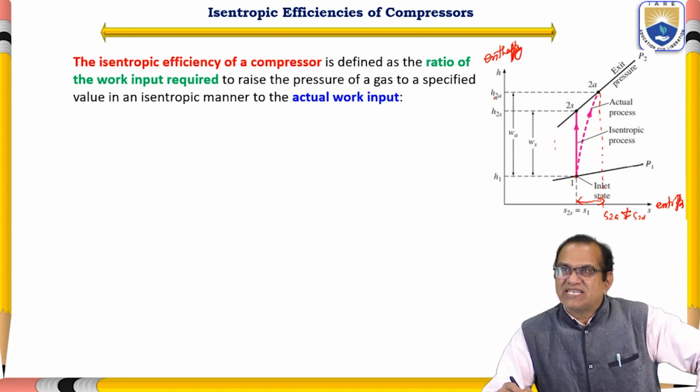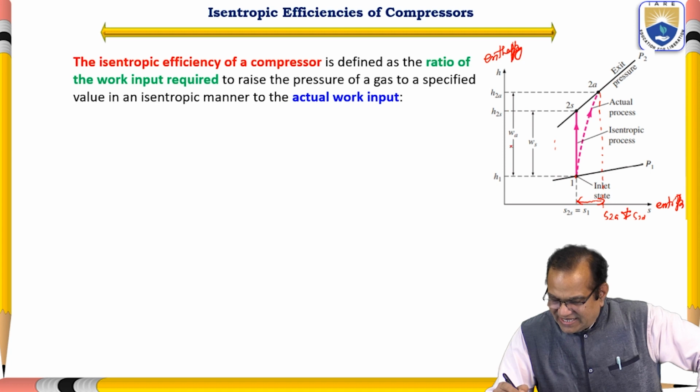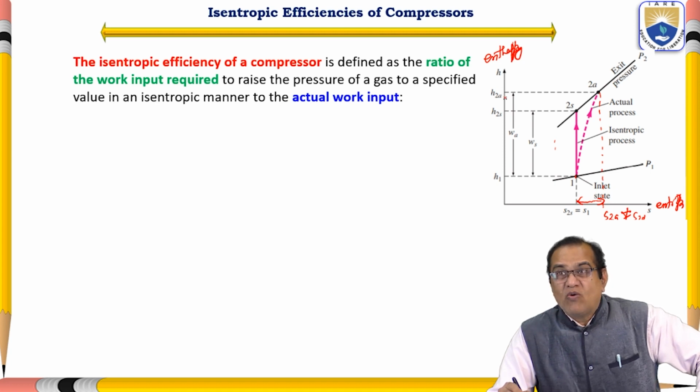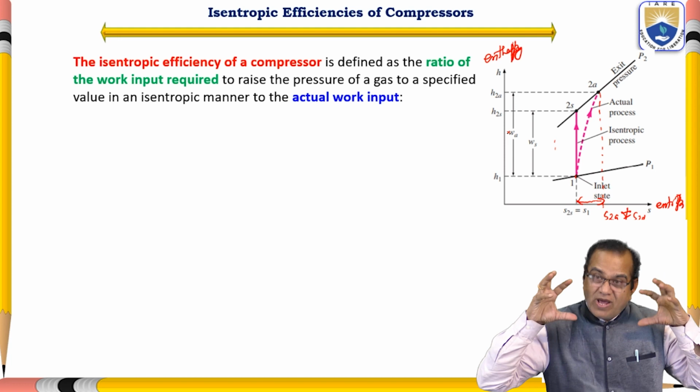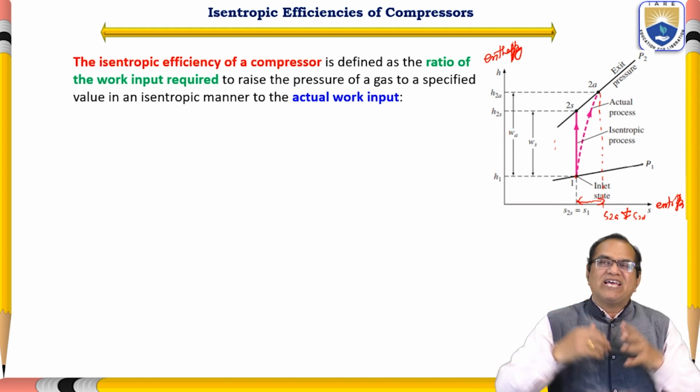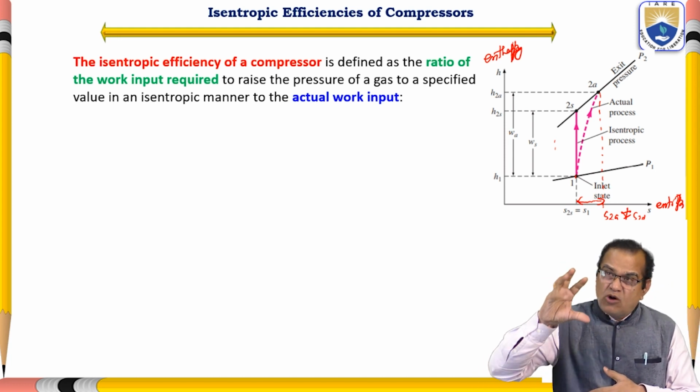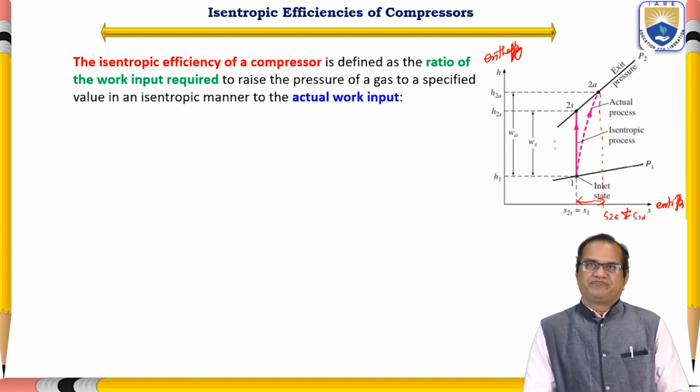So if you see, H2a is greater than H2s. So the work done, H2a minus H1, is greater than H2s minus H1. So if it is not isentropic, the work we have to give is more. More power has to be used to counter this change in entropy.